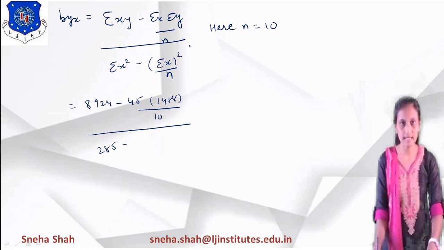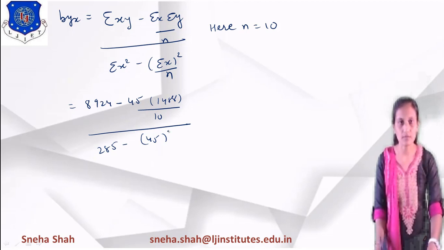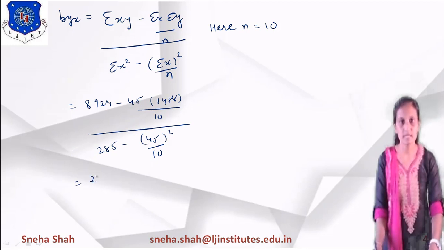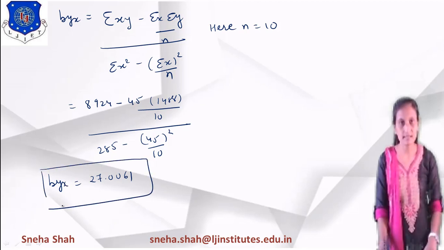Its value is 285. Summation x whole square, summation x means 45, so its whole square means 45 whole square divided by 10. Now if I am solving this, then the answer of it equals 27.0061. So this one is dyx. It is the regression coefficient of y on x.